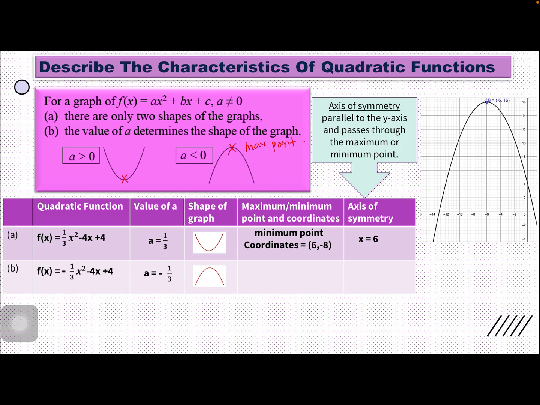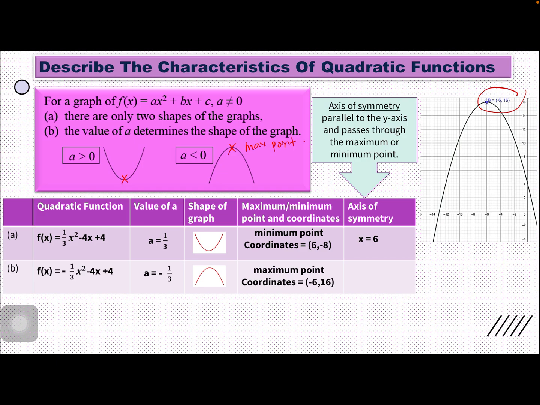It's like we are climbing up the mountain, and you find where you are at the maximum point of the mountain. From the graph, the maximum point is (−6, 16).